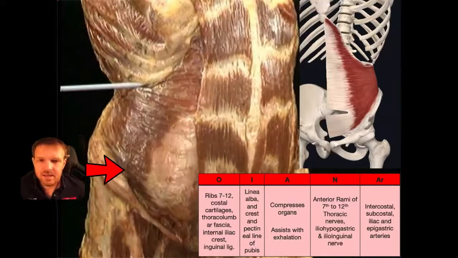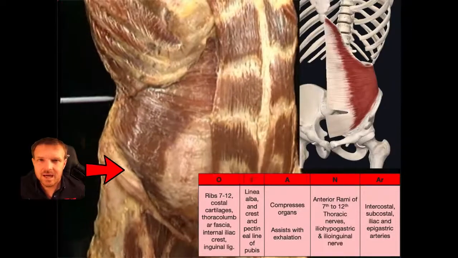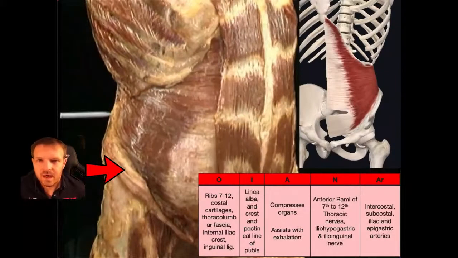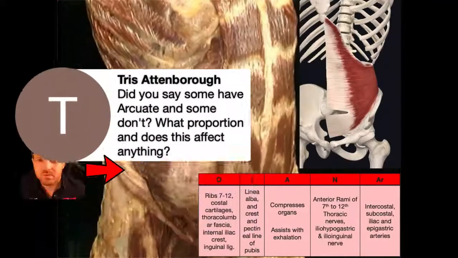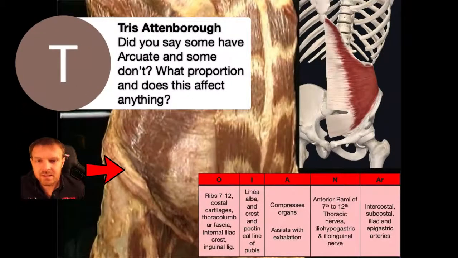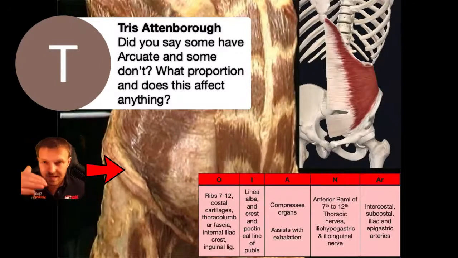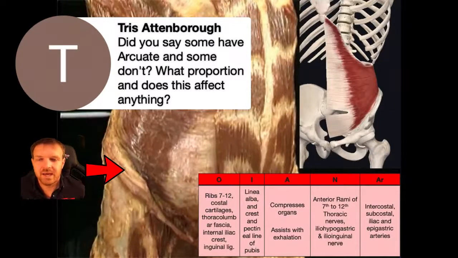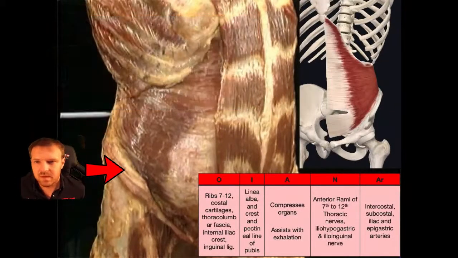Okay, so let's have a look at that. Yep, so some people have an arcuate line and some people don't. Does this affect anything? Yep, it affects your likelihood of having an abdominal hernia. Those that don't have that line are less likely to have an inguinal hernia.